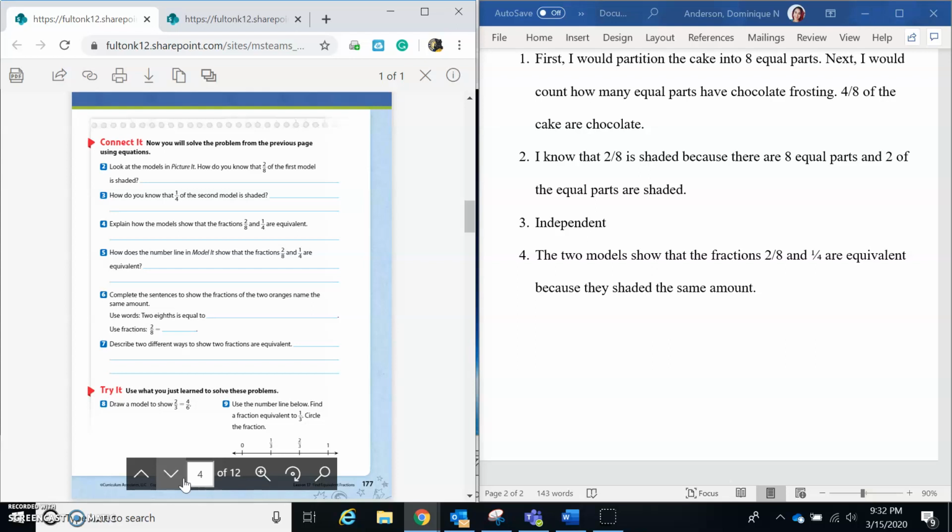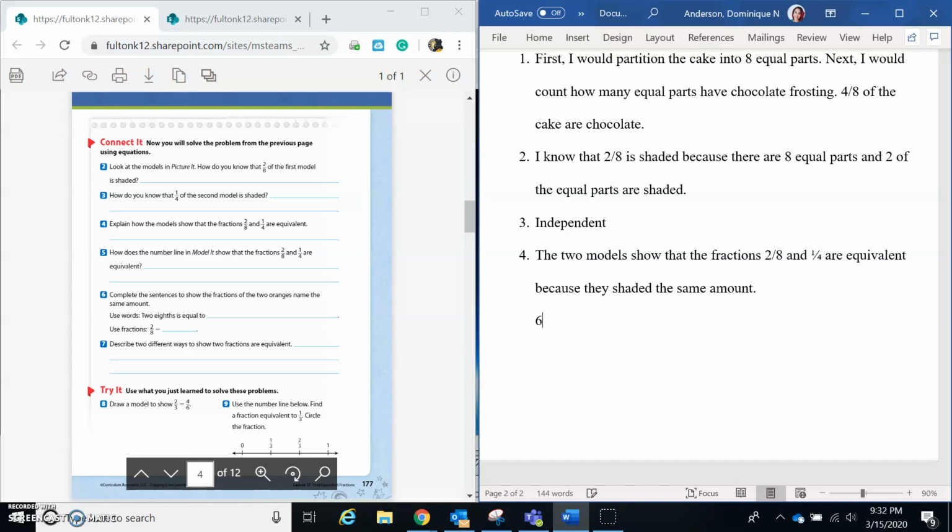Number 6, complete the sentences to show the fractions of the 2 oranges. Name the same amount. Use words: 2/8 is equal to. So 2/8 would be equal to what fraction? And we've talked about this.